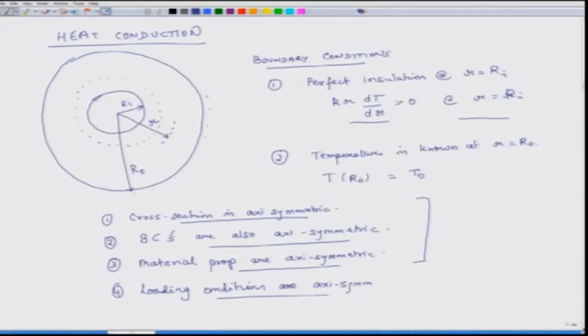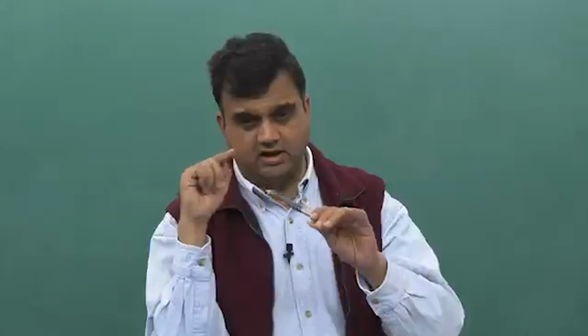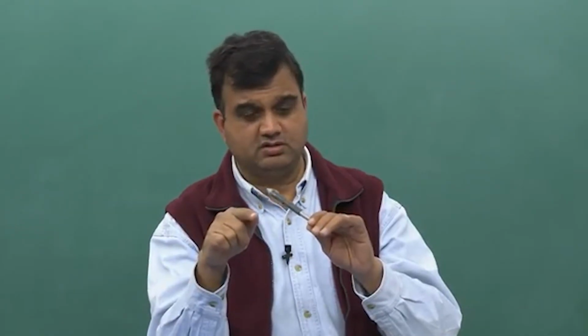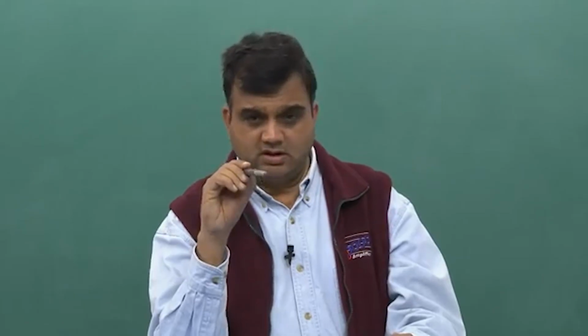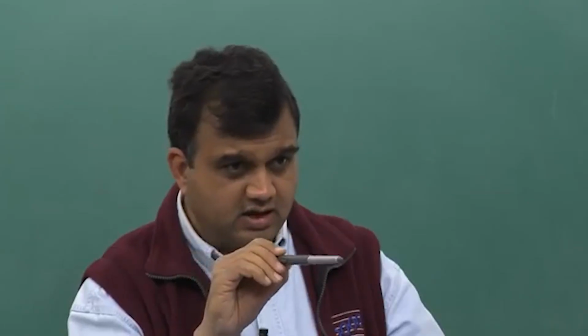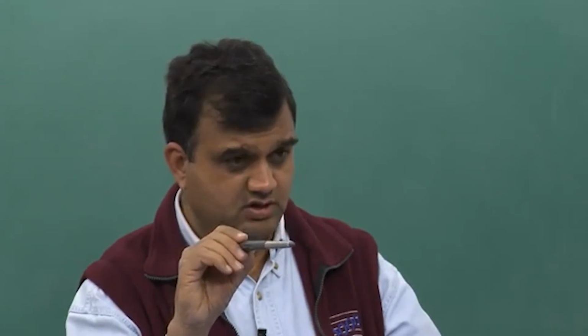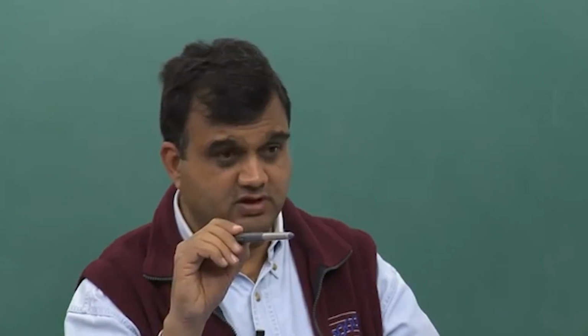One example could be you have a conductor wire, a copper wire, which has several layers of insulation, and current is passing through it. So the wire is a source of heat, and that heat is being generated in an axisymmetric way.